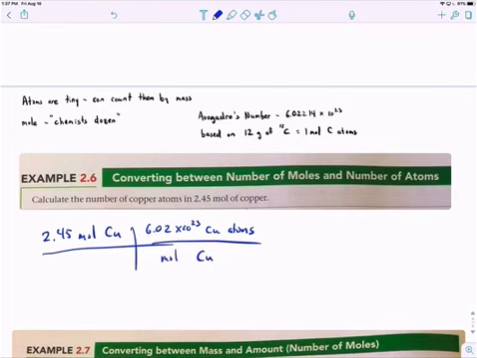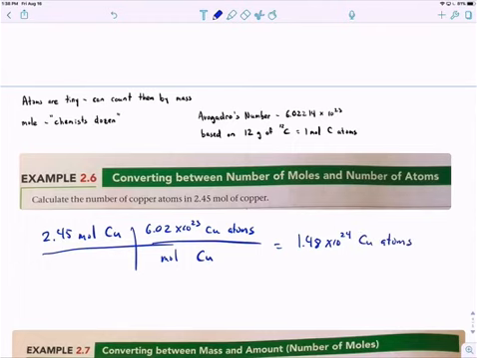And the units for Avogadro's number, it just means number. It's just particulates. So whatever it is you're looking at, if it's a mole of carbon, it's going to be the carbon atoms. And you plug that in your calculator, and you get 1.48 times 10 to the 24 copper atoms.